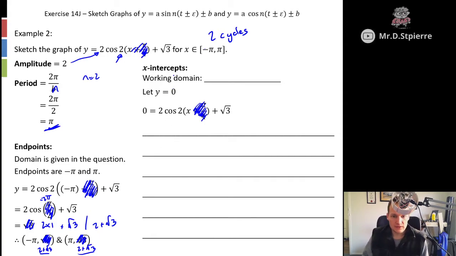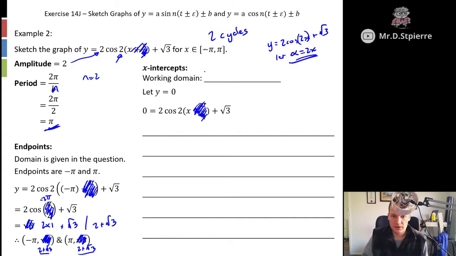Okay. So x-intercepts, working domain. So if we have y equals 2 cos 2x plus root 3, let alpha equal 2x.